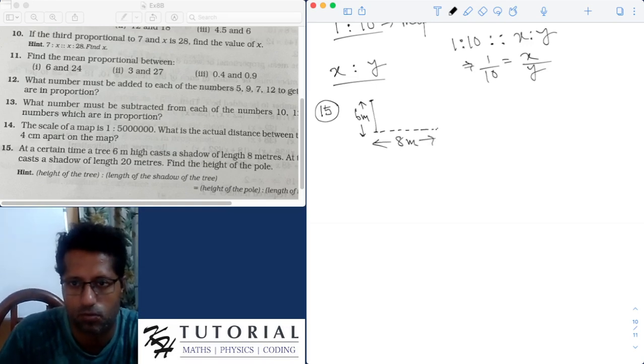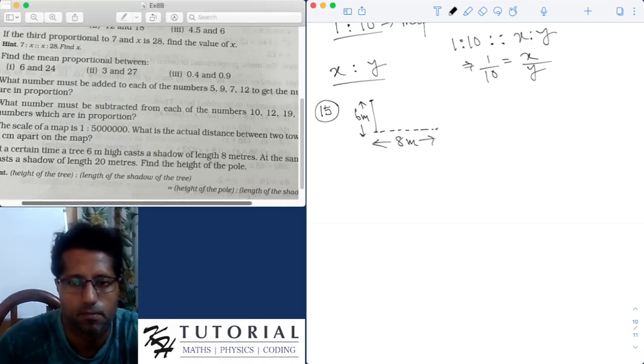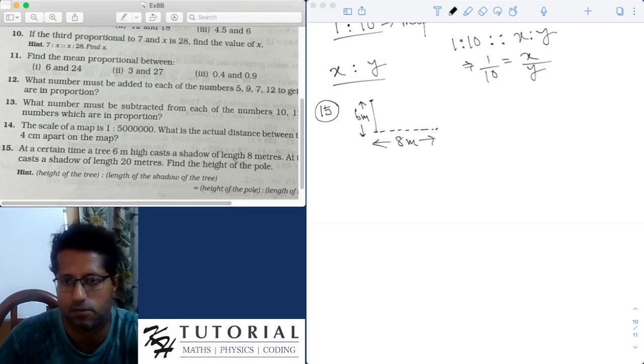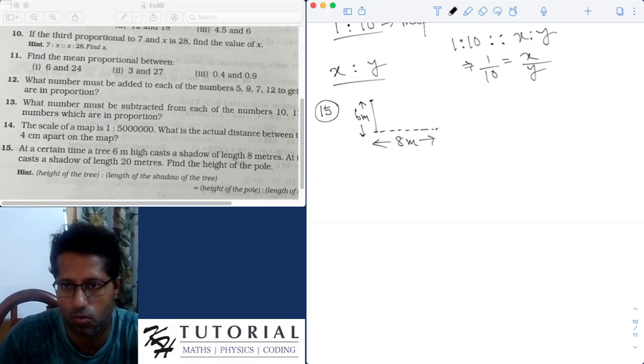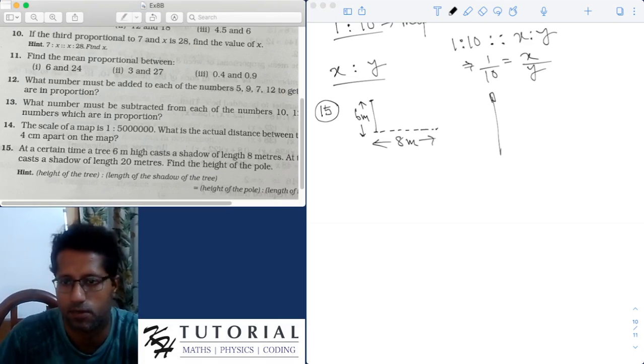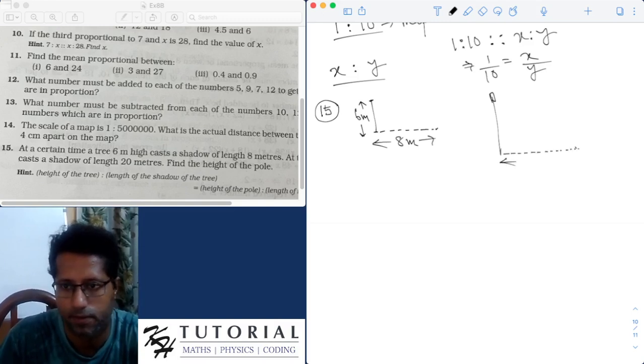This is the shadow. At the same time, a pole casts a shadow of length 20 meters. The length of the pole is not given, but its shadow is 20 meters. Now it has asked to find the height of the pole.